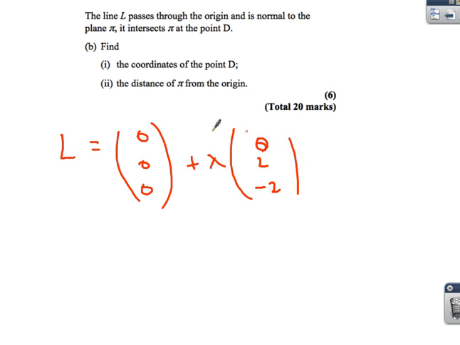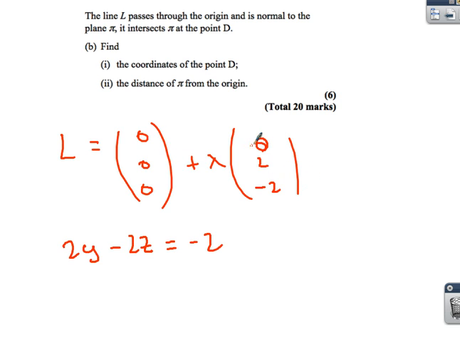Okay, so there we go, that's the equation of the line, and we want to find out when it intersects with the plane. Okay, and remember the equation of the plane that we've got is 2y minus 2z is equal to negative 2. And then we basically substitute these values in here into this. This is basically the x bit, this is the y bit, this is the z bit.